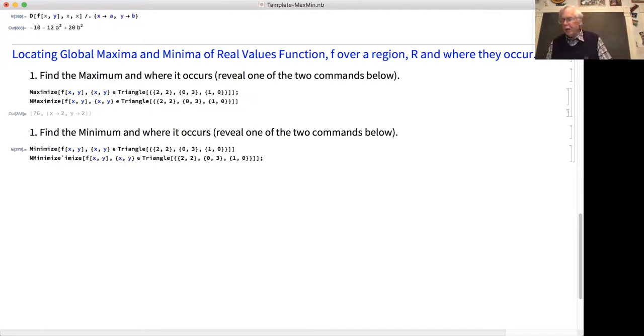What NMaximize does is it floods the triangle T with billions of points, and then checks the values at each one and keeps only the top one, and does it until your accuracy is correct.